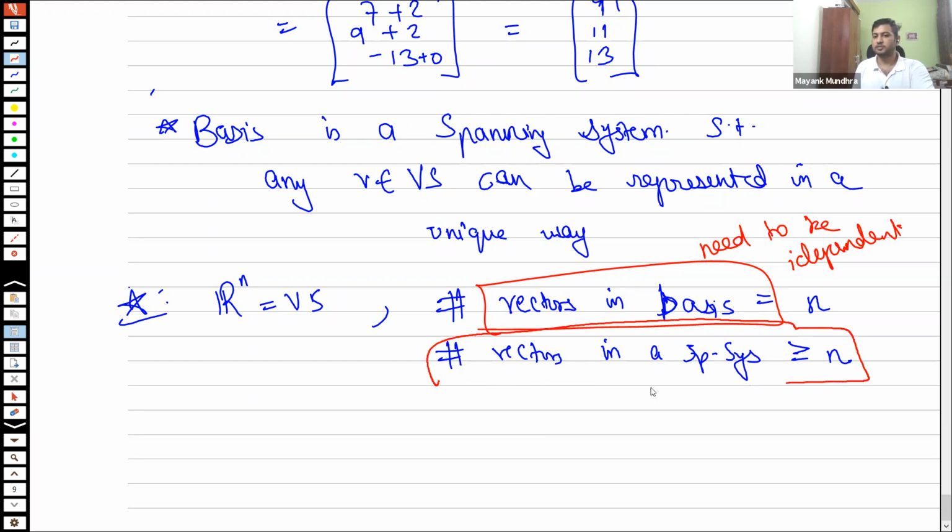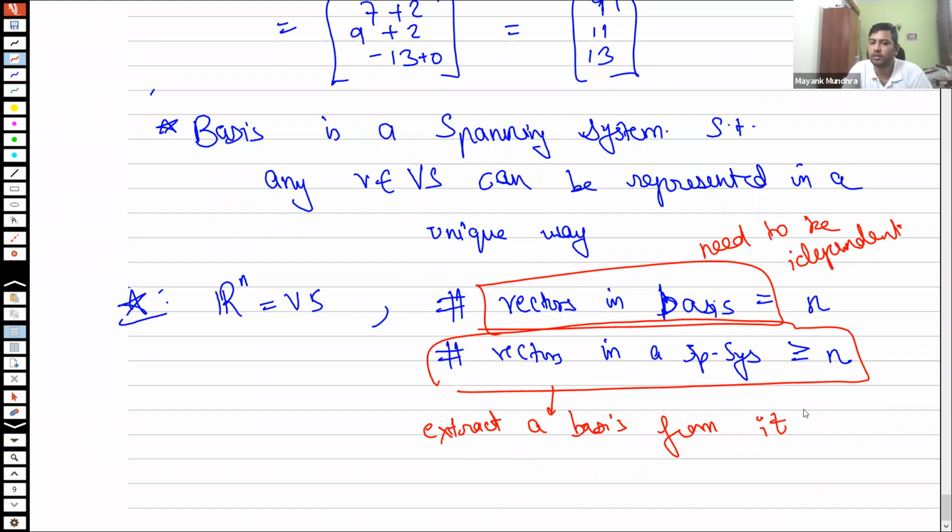Whereas for a spanning system, you can extract a basis from it.